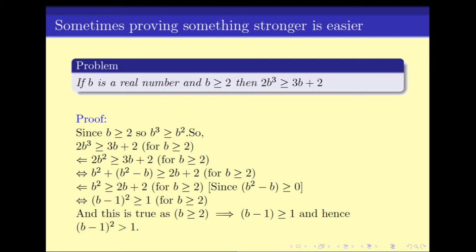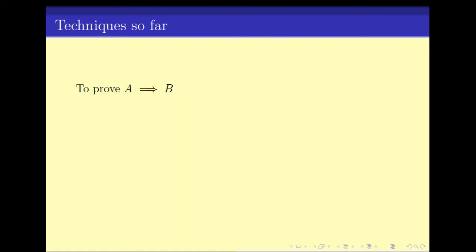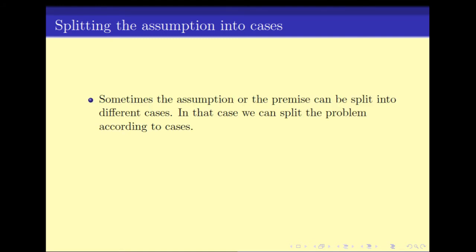The last technique that we learned, which we saw in the last video, was the proof by case studies. Namely, we talk about splitting the assumption into cases. So sometimes the assumptions can be split.